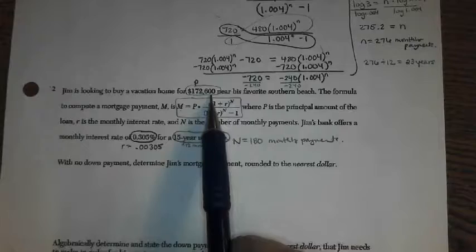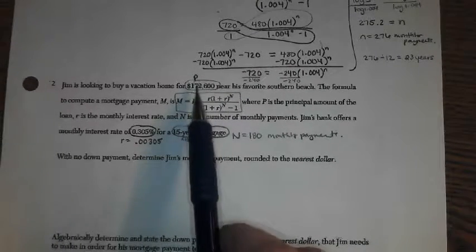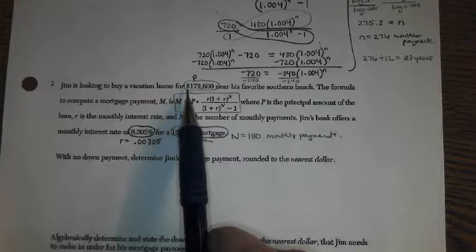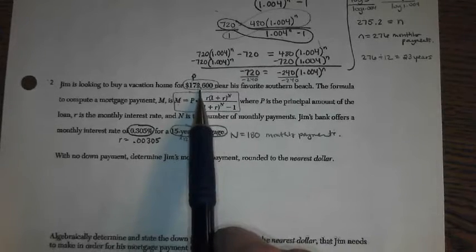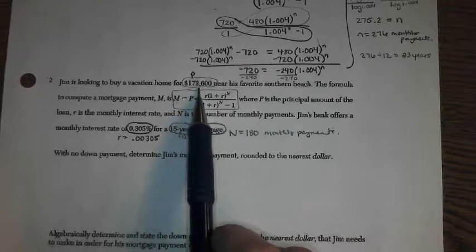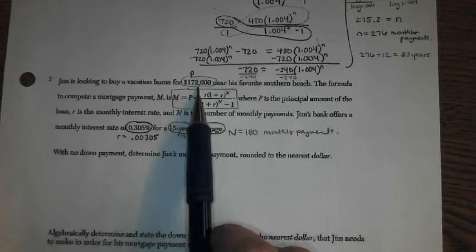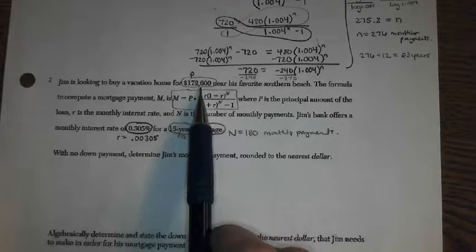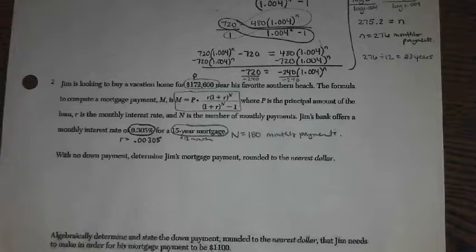He's borrowing exactly that. One thing about down payments is, because they've added in these stipulations too, if the house you want to buy costs that much, but you're planning on making a $10,000 down payment, how much are you really loaning? If they added that sentence, here's the cost of the home, but you're making a down payment of $10,000, what P would you then use?